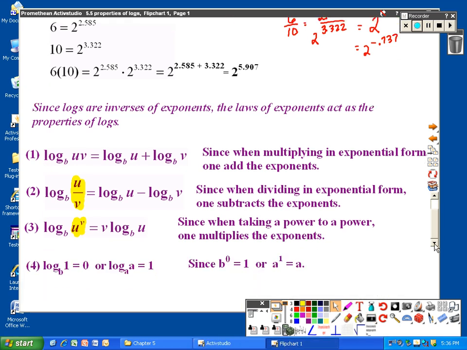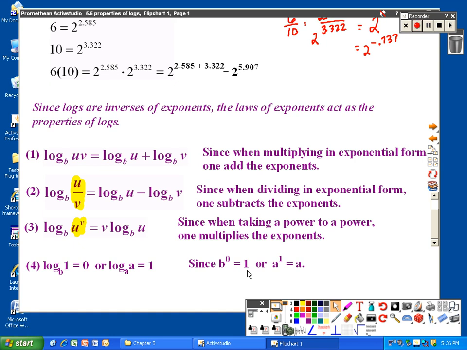And lastly, since log base b of 1 equals 0, and log base a of a equals 1: if I rewrite this in exponential form, I have my base b raised to the power 0 equals my value 1.